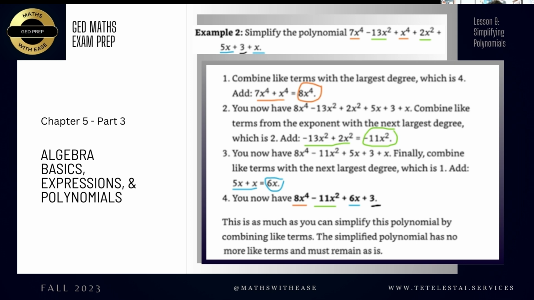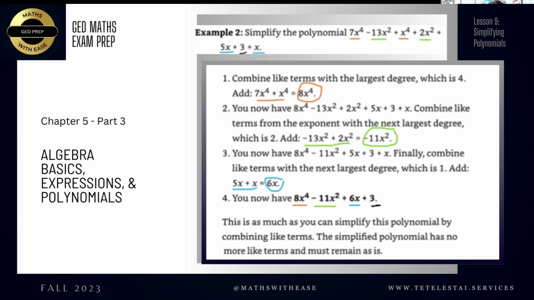If this expression had 3 plus 5, you would combine those and write 8. If it had 3 plus 5 plus 2, you would add those together, get 10, and write 10 here. In this particular instance, we only have one constant, and so you reflect that in your answer.